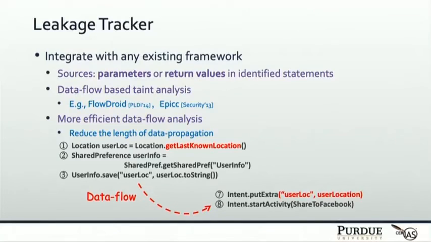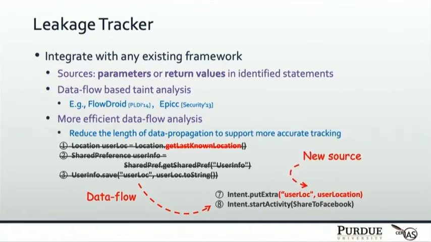Looking at this example, traditionally, if we want to track location data from a mobile app, we will go first from the system API, which is shown in line 1, and extract this data as sources. And then the data will flow through several steps to line 7 and line 8, and finally be leaked out.